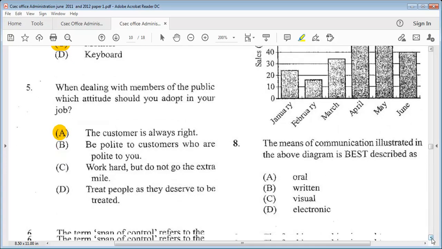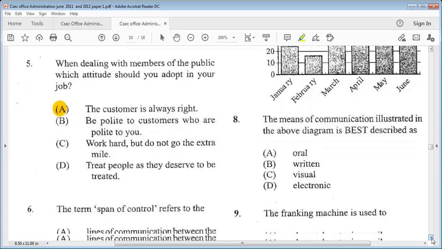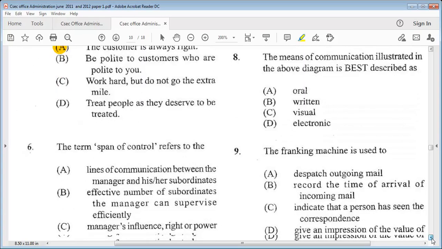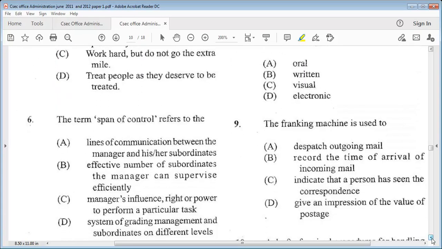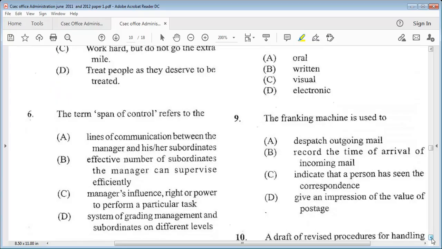Let's go on to question number 6. It says the span of control refers to the A. Lines of communication between the manager and his or her subordinates. B. Effective number of subordinates the manager can supervise efficiently. C. Manager's influence, right, or power to perform a particular task.